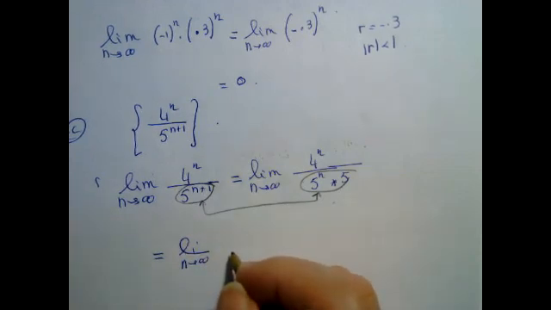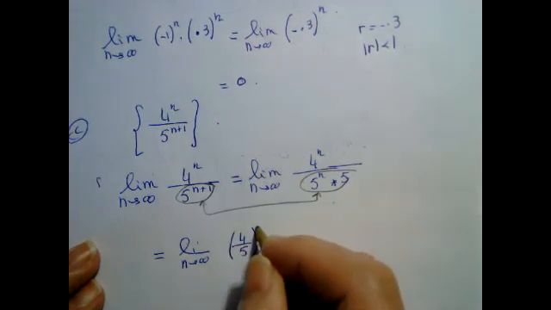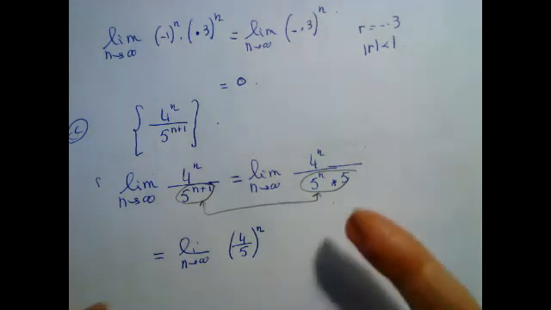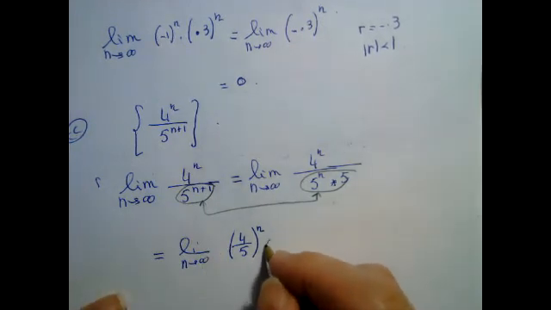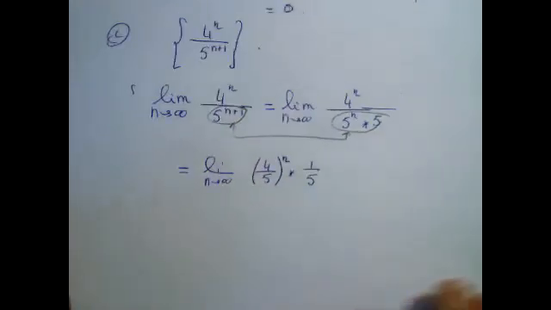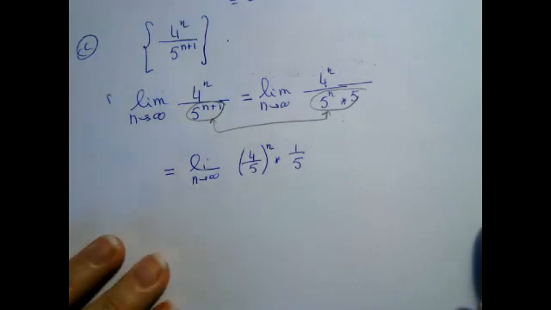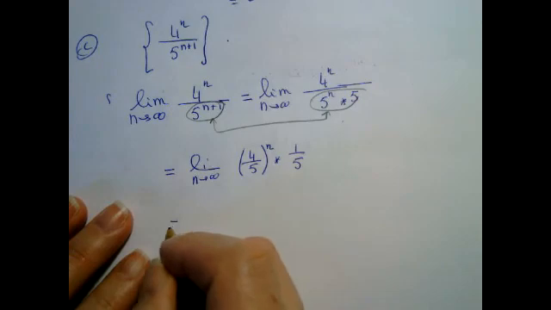Can you make 4 over 5 to the n power just itself? Absolutely. And then I'm not forgetting about the 5, of course. 1 over 5. And what's the benefit of doing this? What's the benefit of doing that?